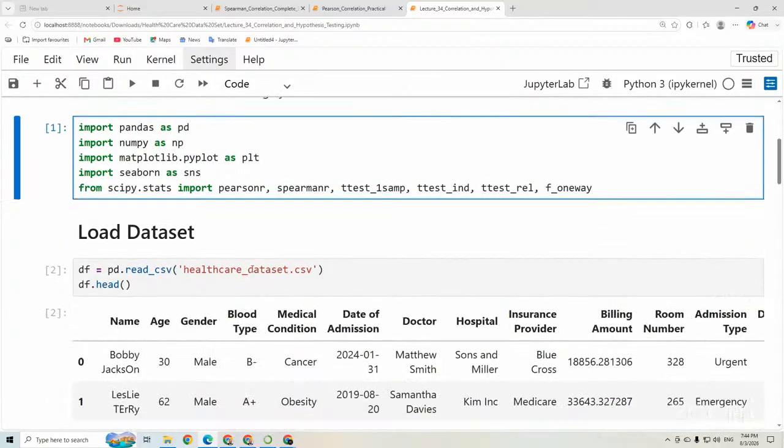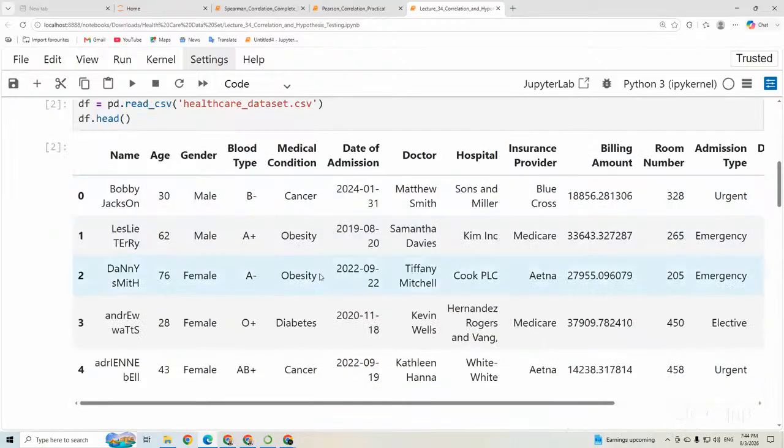I have already prepared all the files which I require to present here, and their respective cheat sheets, which will be very helpful for you to understand all types of tests which are essential for hypothesis testing. First, we are loading the data set.